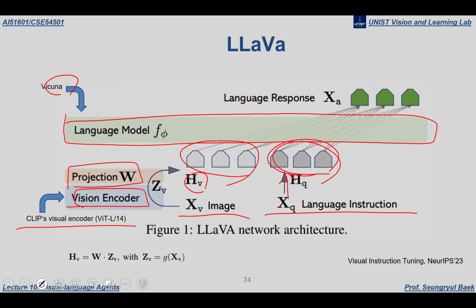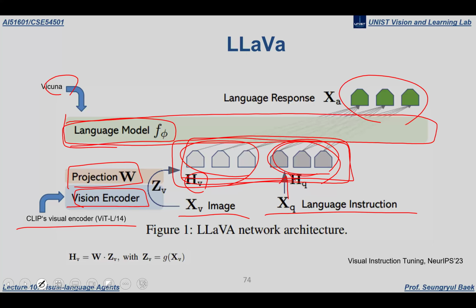Then we input both as the input to the language model and output the text output. This is the LLaVA architecture.